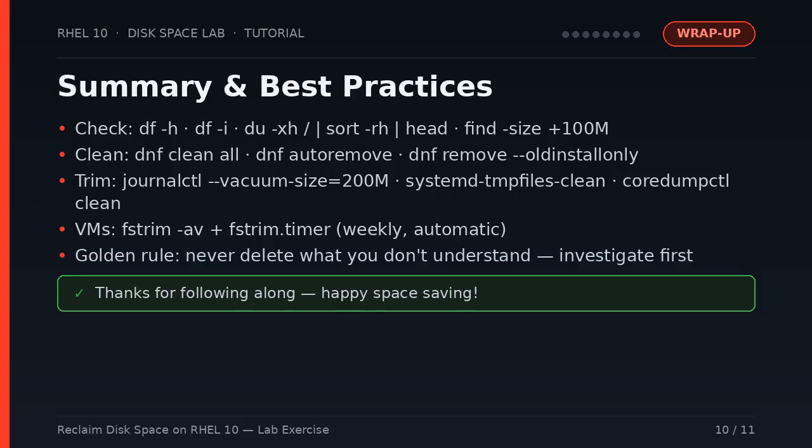To remove old kernels, dnf remove --oldinstallonly. To trim logs, journalctl --vacuum-size=200M. To clear temporary files, systemctl start systemd-tmpfiles-clean. To clear core dumps, coredumpctl clean. And for virtual machines, fstrim -av with the weekly fstrim timer.